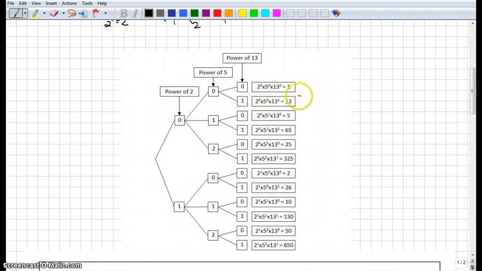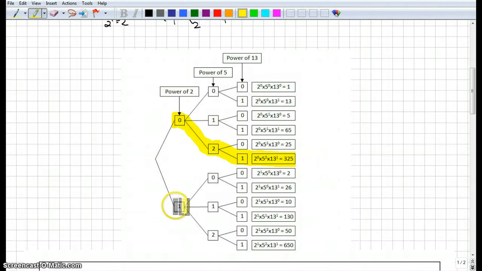And here are all the factors. If you trace through any branch of the tree, you'll get a unique divisor of 650. So for example, this branch, let me use a highlighter. This branch tells us we have no 2s, we have 2 5s, and we have 1 13, which gives us 325, which is one of the divisors of 650.